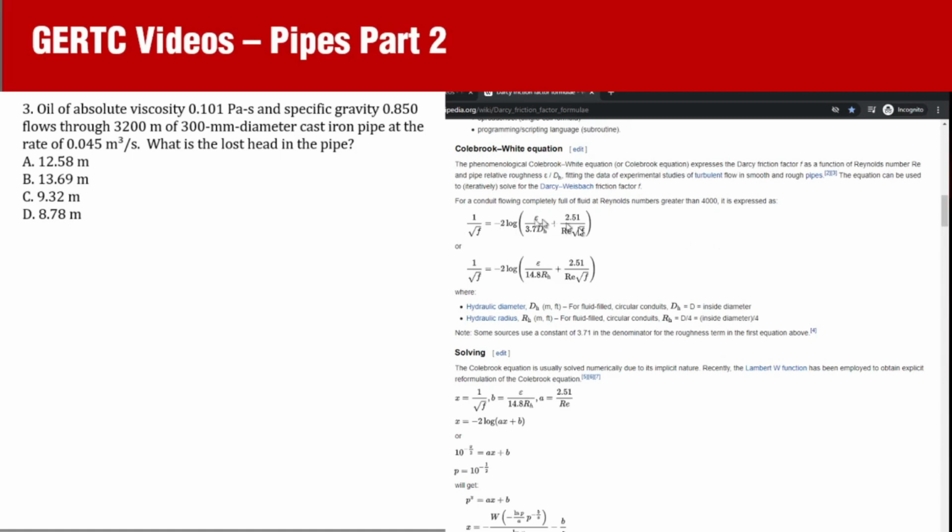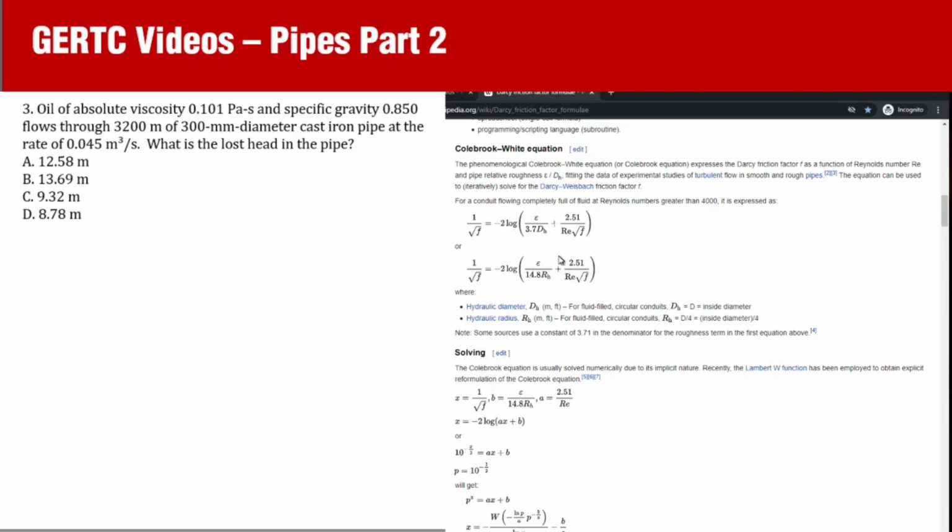Okay, ito yung formula natin. 1 over square root of F is equal to negative 2 log of epsilon, the absolute roughness, over 3.7 dH plus 2.51 divided by RE square root of F. Yung RE natin, ito yung ating Reynolds number, which I used Rn. Okay, meron ding ibang format nito in terms of the hydraulic radius, RH.